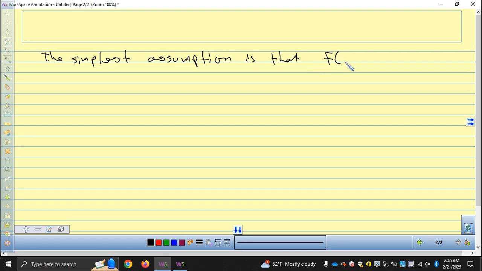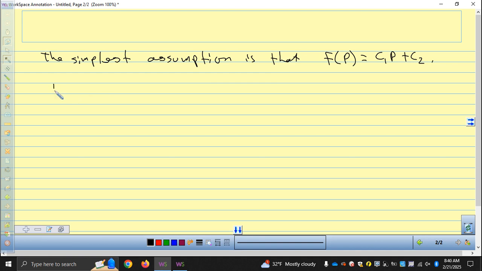So we're just going to say f of p equals some c1 times p plus c2. That's going to be our function of our population.